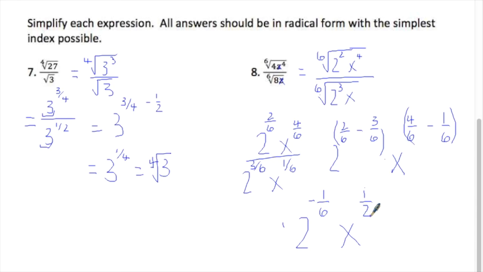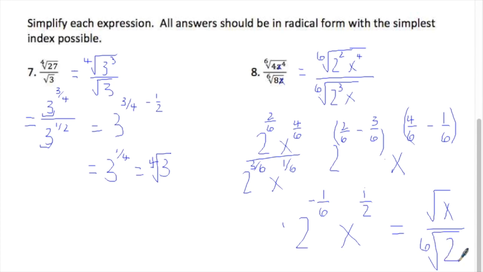And now, changing my exponents back into radicals and moving my 6th root into the denominator, we get the square root of x divided by the 6th root of 2.